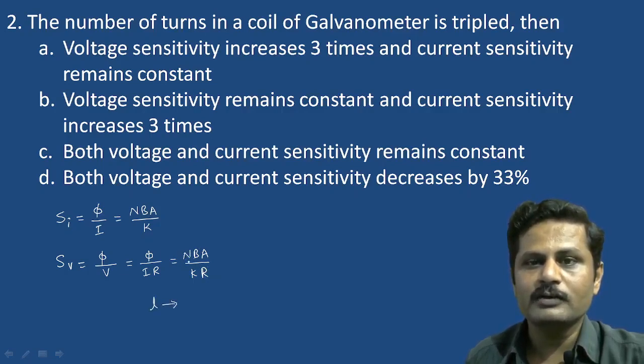Here the number of turns increases by 3 times, so the length will become 3L, and resistance is directly proportional to L. So the resistance becomes 3R.